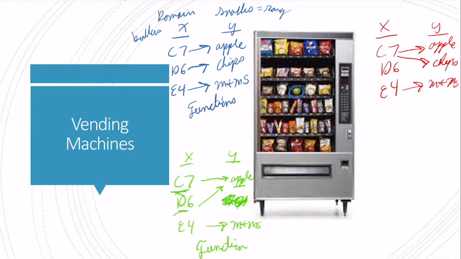Now, if I push C7, what happens? Do I get back out an apple and chips? No, the vending machine company doesn't want you to get 2 snacks for the price of 1, right? This would cause our vending machine to break. It's not going to give you anything. This X value has more than one Y value. It has 2 to be exact. So this is not a function.